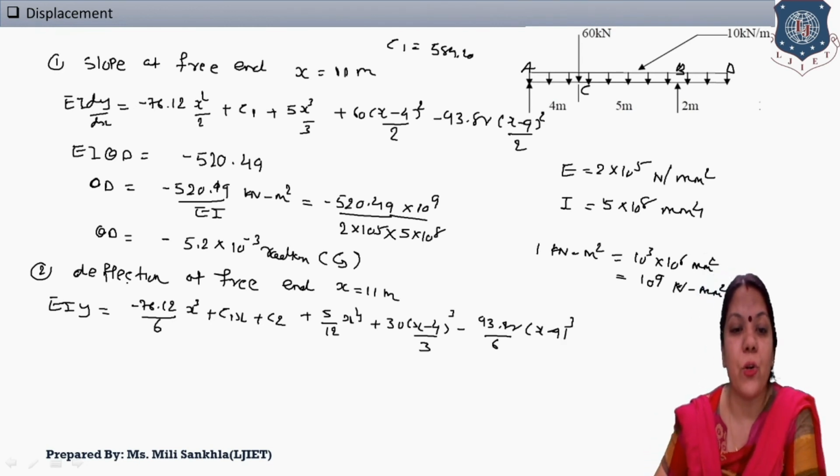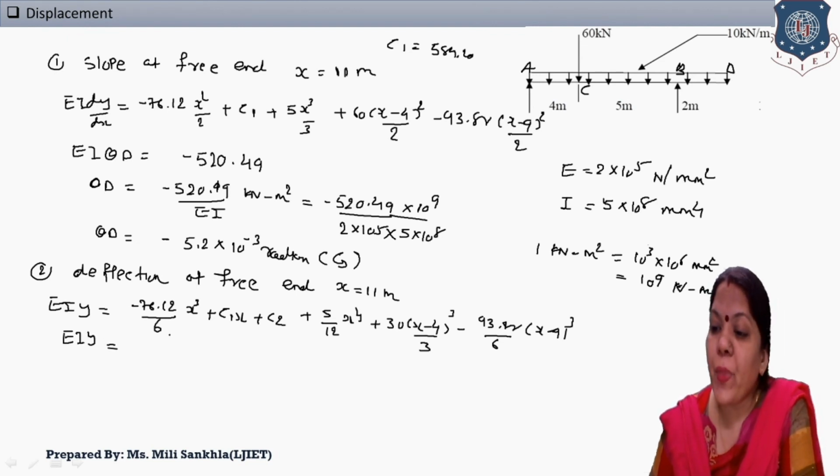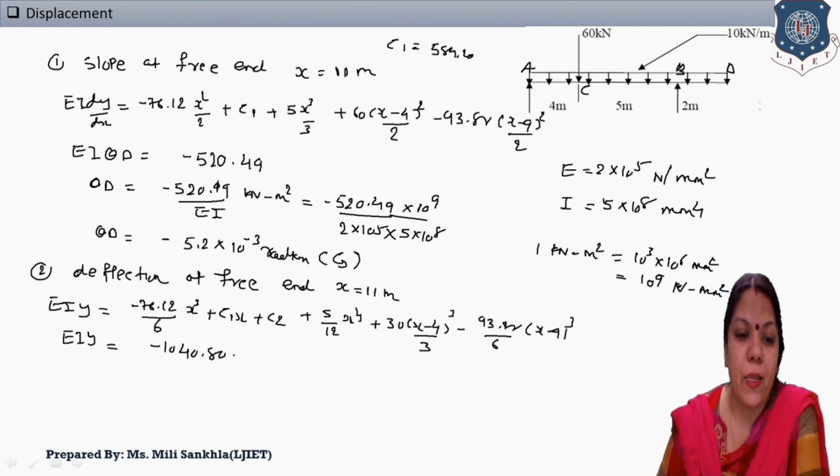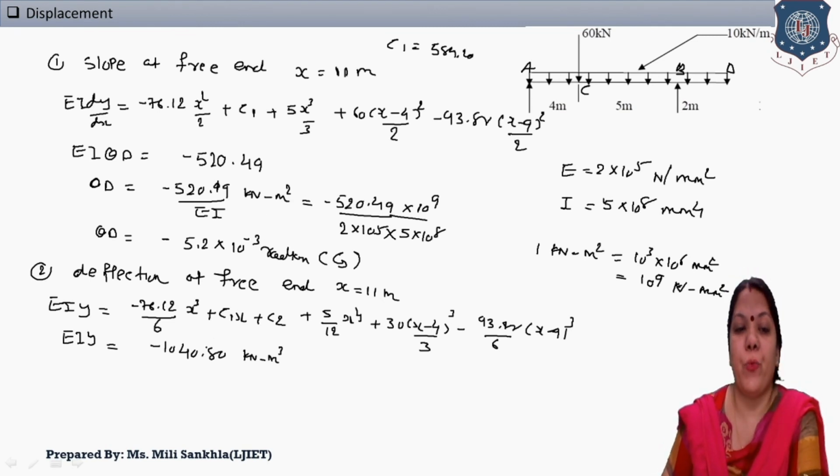Put x is equal to 11. After simplifying, EIY is equal to minus 1040.80, and this value is in kilonewton meter cube.